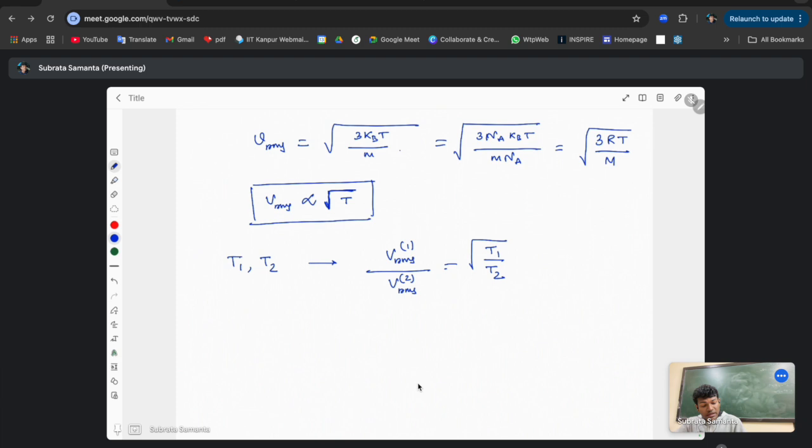Other things are cancelled. Here I used proportionality, now I use equals, because R is constant and M is also the same, but the temperatures are different. So then we can compute the ratio v RMS 1 over v RMS 2.